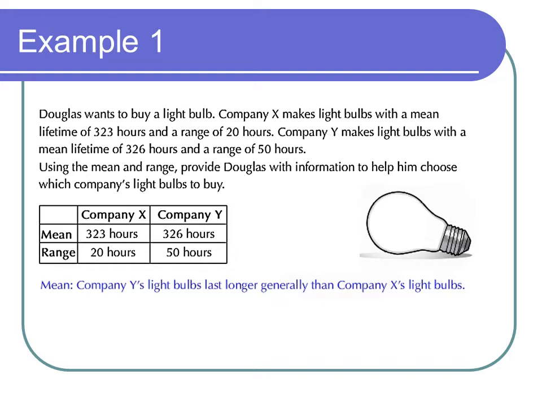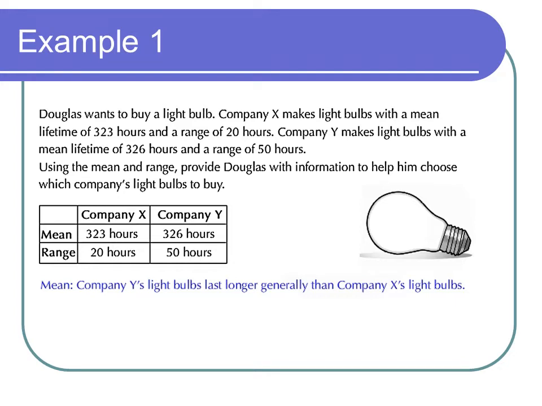However, the light bulbs made by Company X have a range of 20 hours, and the light bulbs made by Company Y have a range of 50 hours. The range compares the difference between the longest and shortest lifetimes.